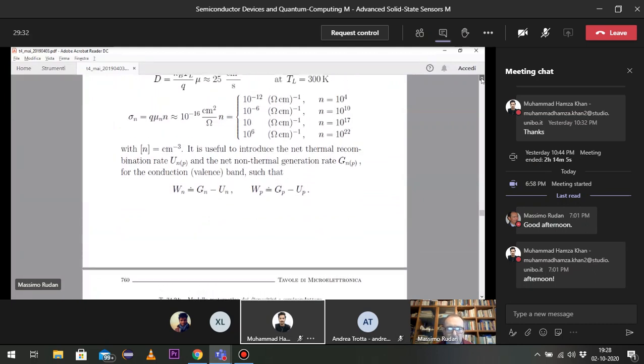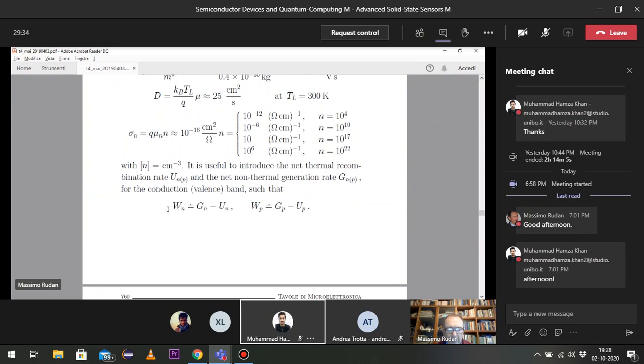You can see it in the last line of the page: W is equal to Gn minus Un. Gn is a symbol that indicates the non-thermal transitions. So Gn is called the non-thermal generation rate for the conduction band, or for the electrons.